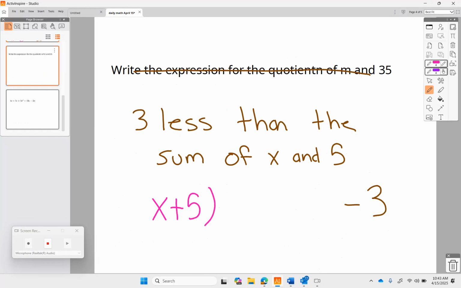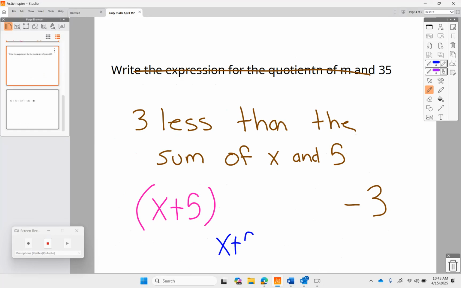I don't have to have parentheses, because if I did order of operations, x plus 5 minus 3, I would still add first. But I really want to put those parentheses, because I'm saying I'm going to take x and 5, add them together, and then whatever I get is 3 less. So the whole answer here is x plus 5, in parentheses, minus 3.